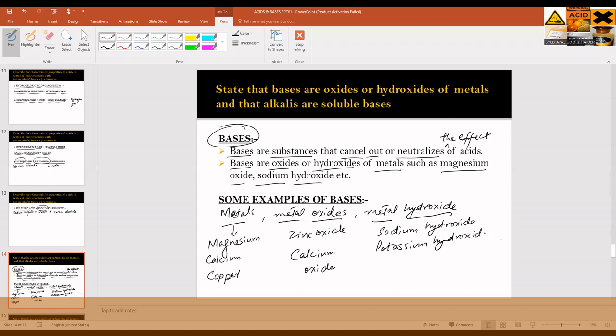You can also have metal carbonates, which neutralize the effects of acids. Metal carbonates. A common example is sodium carbonate.